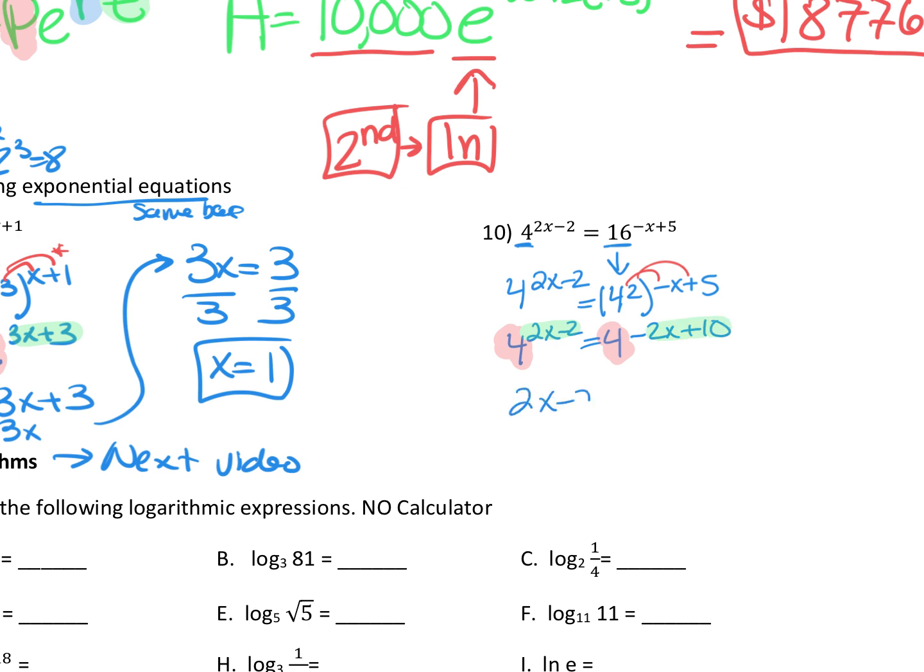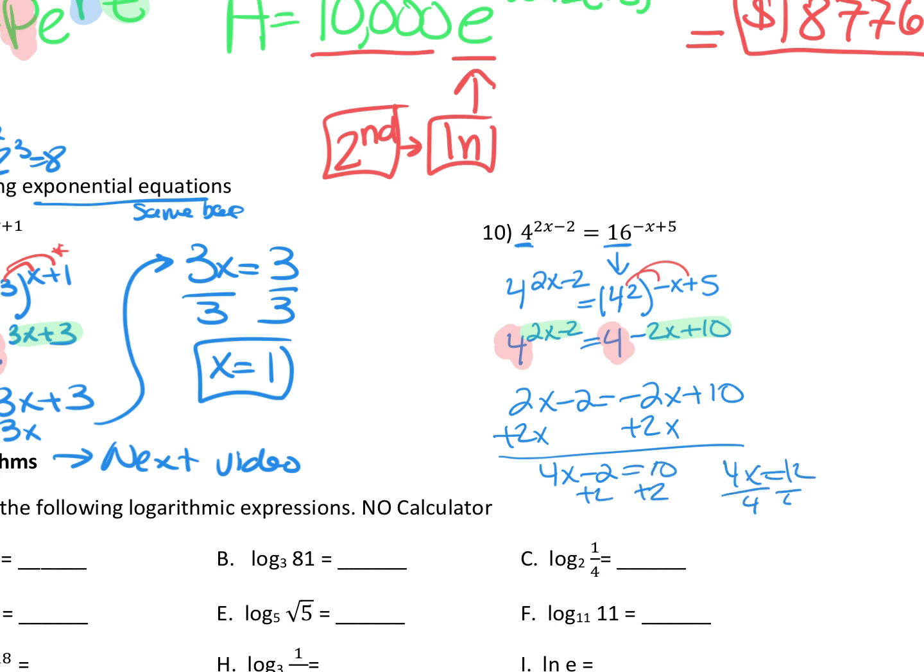So 2x minus 2 equals negative 2x plus 10. Oops, I'm getting ahead of myself. Add 2x to the other side. Add 2 and divide, and we'll get that x is 3.